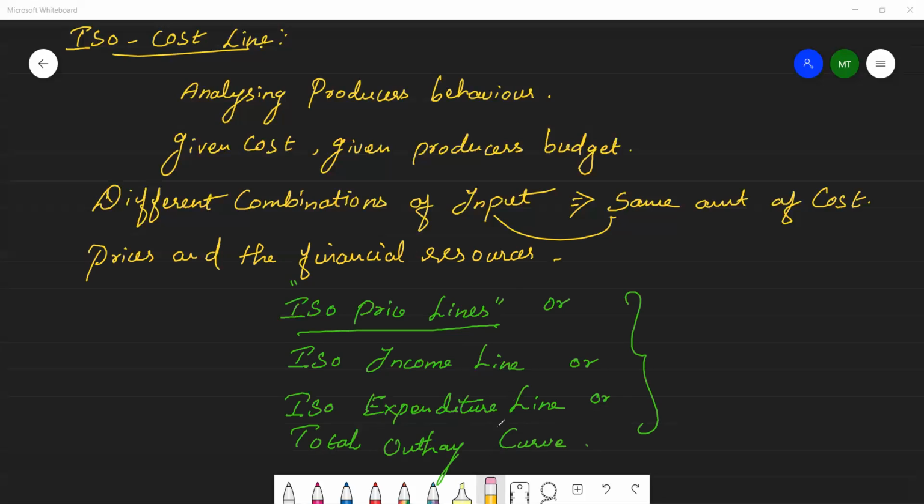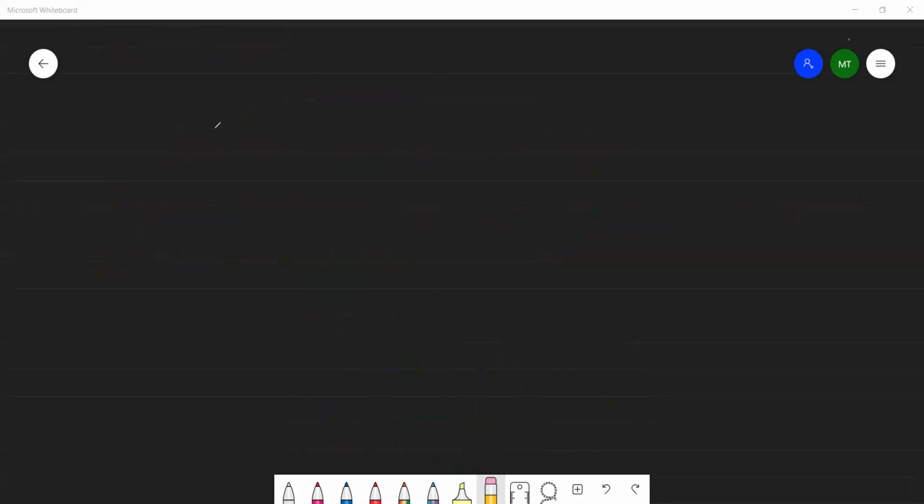Suppose that a producer has a total budget of 120 for producing a certain level of output, and has to spend this amount on two factors: first labor and second capital.